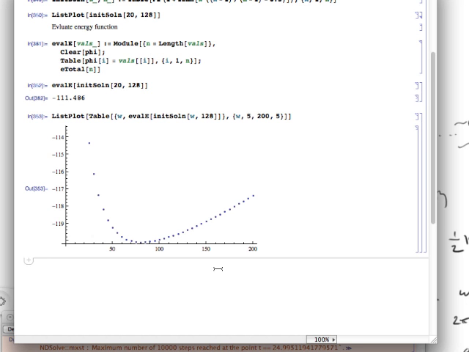I say, okay, the variables that I want are going to be a table of phi sub i from i, well, I don't want to touch the end ones because I know that they sit at the bottom of the well. And so, let's start off saying that the number of points we want is the length of the values, which will be the initial condition. Right now, let's just say that's 128.